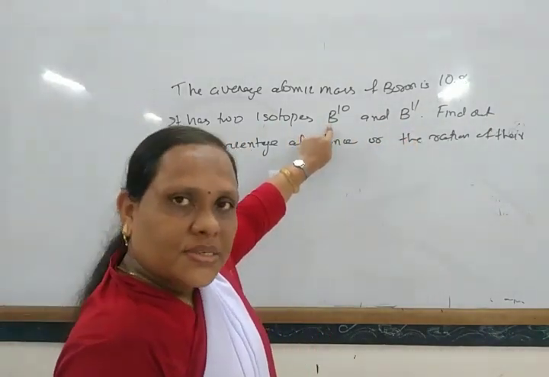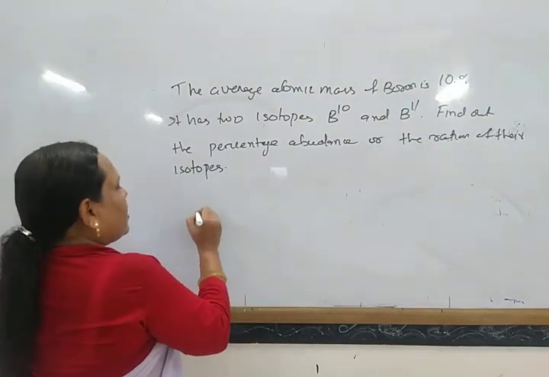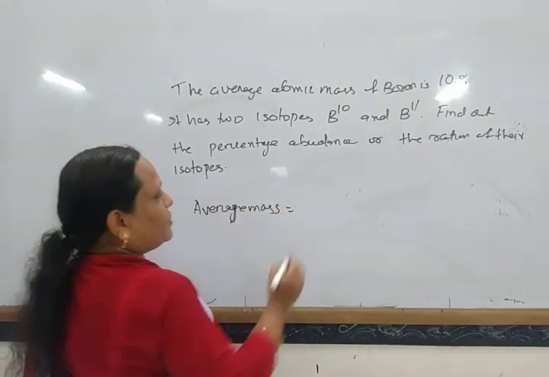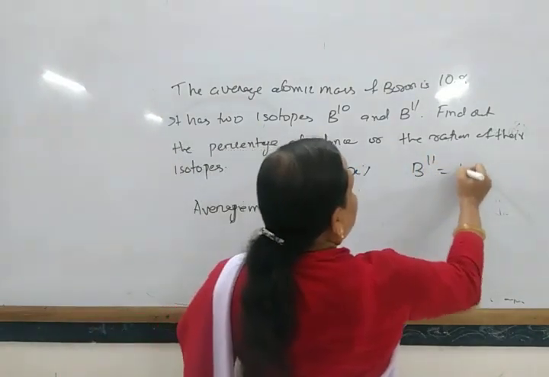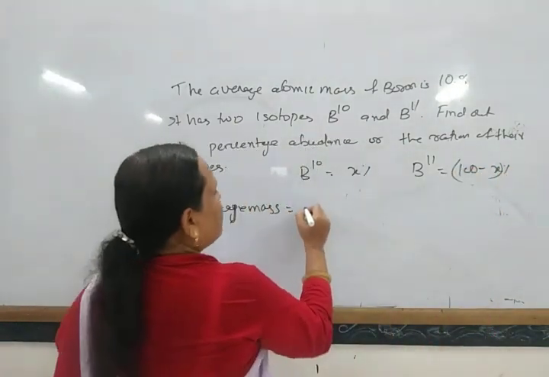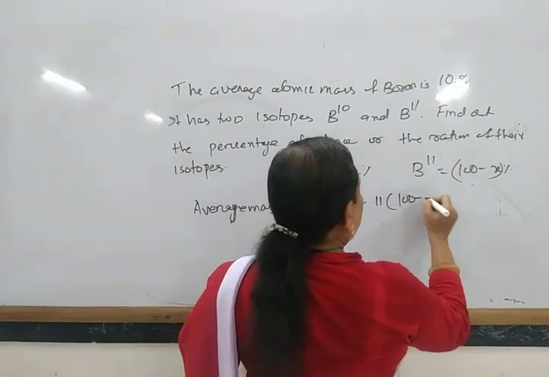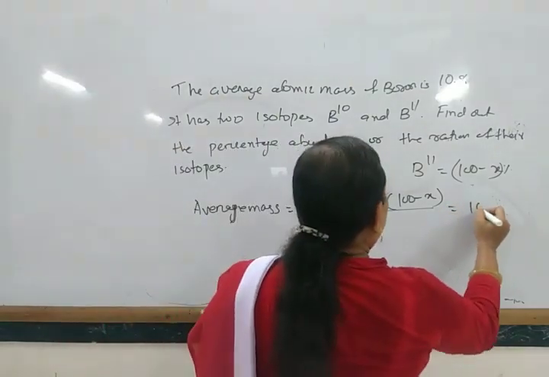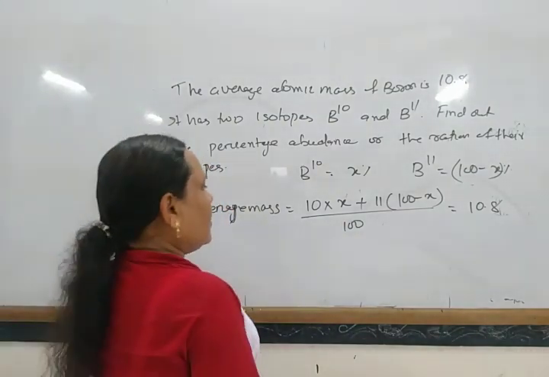Suppose boron 10 is present X percent and boron 11 is present 100 minus X percent. So the average mass is equal to (10 × X + 11 × (100 − X)) divided by 100, and that is equal to 10.8. Solve this one.